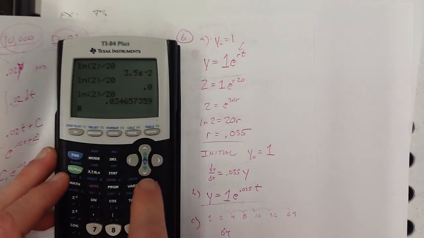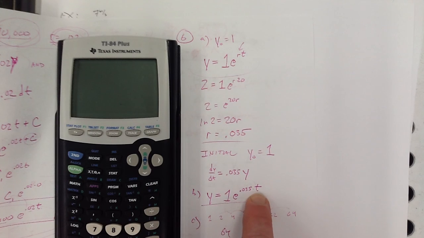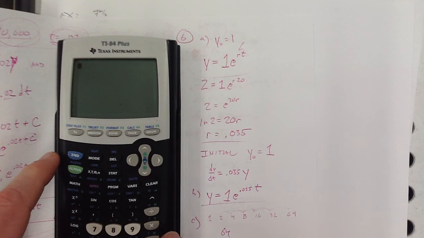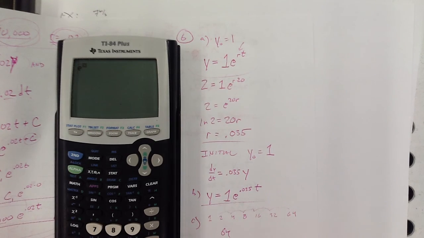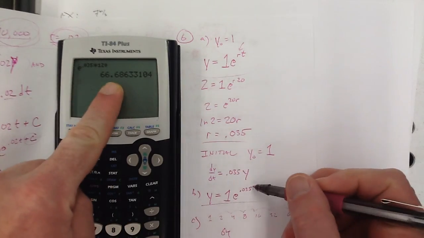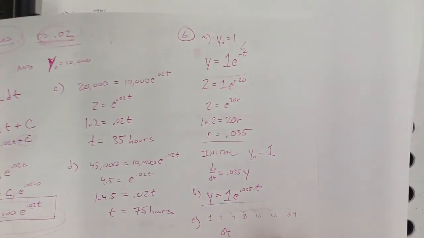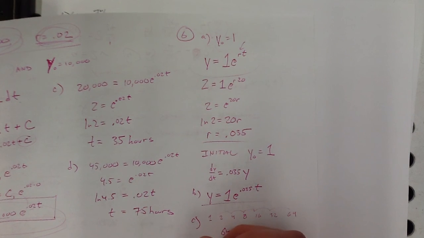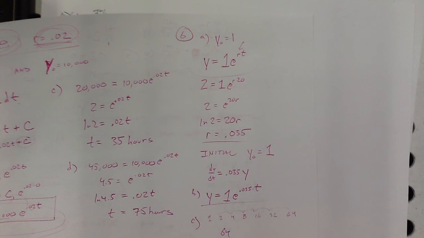So we should be able to get the same answer by plugging 120 into our model, right? So let's see if that works. So 1 times e to the 0.035 times 120. Now it's not going to be exactly 64 because I rounded that, right? But it should be pretty dang close. The difference there is because of the rounding. All right, so either one of those answers is okay as far as I'm concerned.